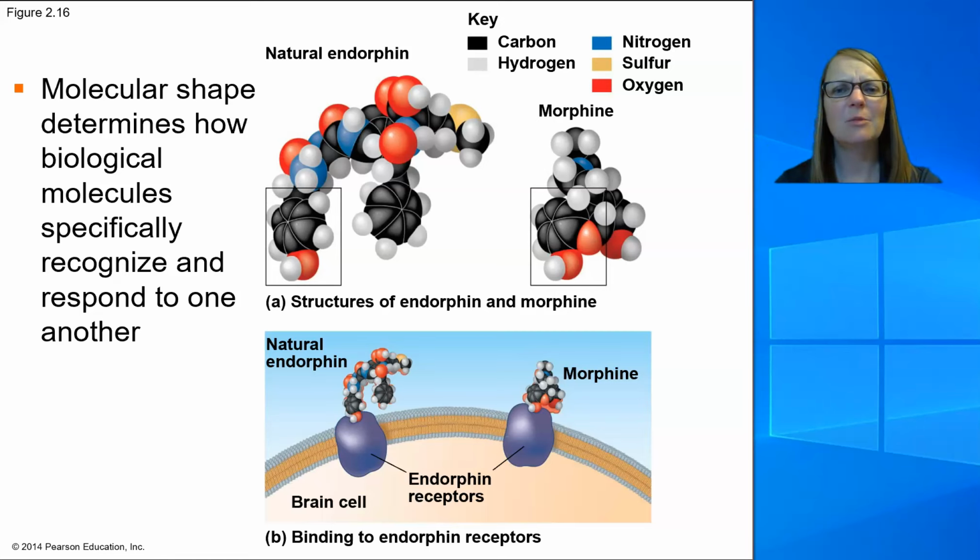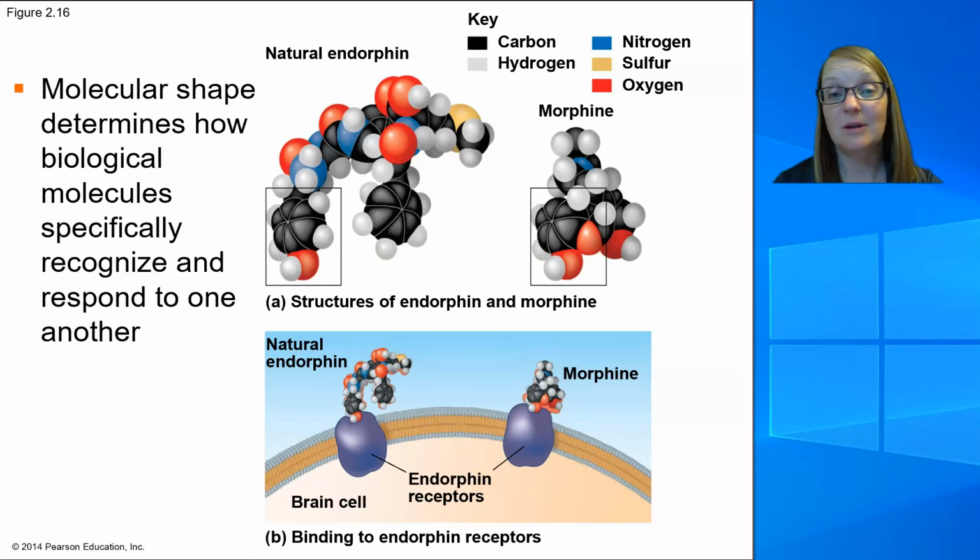So it's kind of strange, right? Morphine is not something your body produces, and yet it has the ability to react to it, which is kind of crazy. There's an explanation for this. If you look at the boxed region of the morphine molecule and the natural endorphin, you'll notice that the shape of the molecules in that boxed region is very similar. And in fact, this is the actual part of the molecule that interacts with the endorphin receptor on the surface of your brain cells.